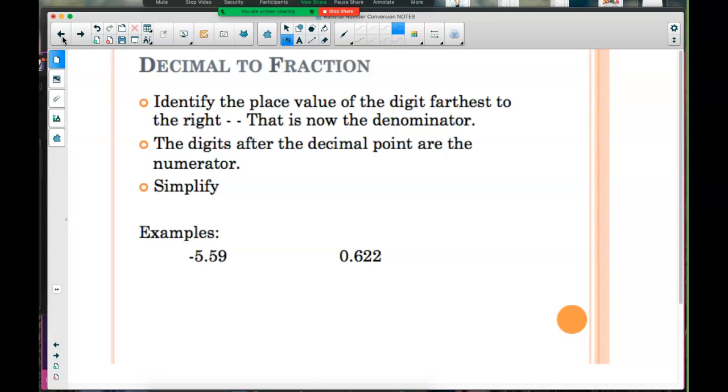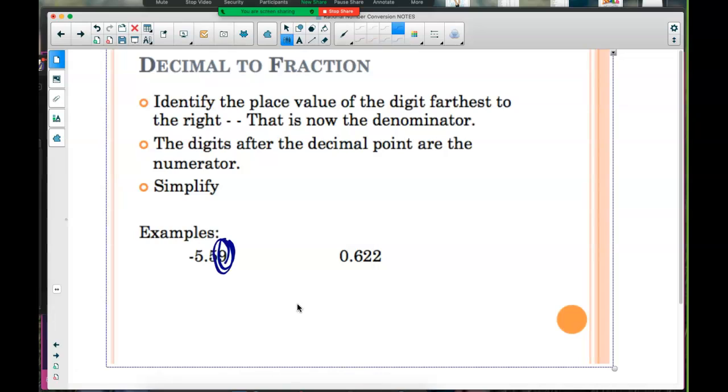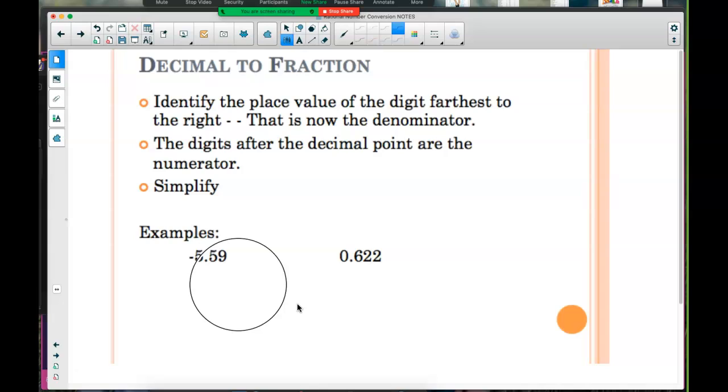Hundredths. So you need to look at this number right here, the 9, and figure out what place value that is. Okay, the last digit. That's in the hundredths place, so that's your denominator. So this becomes negative 5 and 59 hundredths.